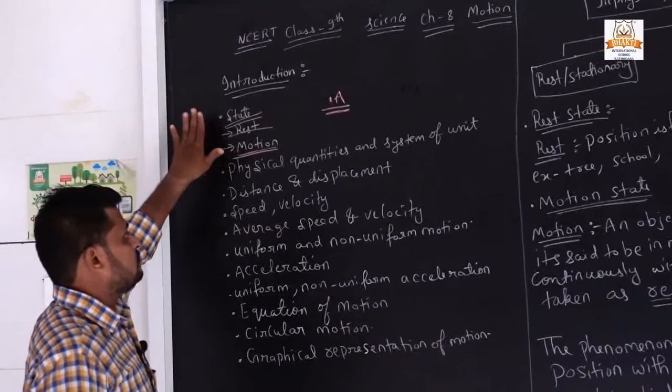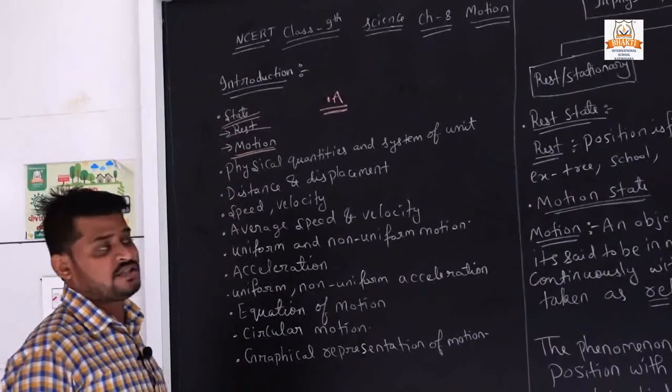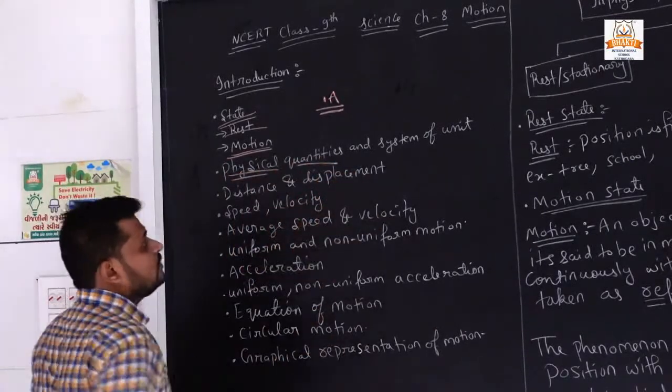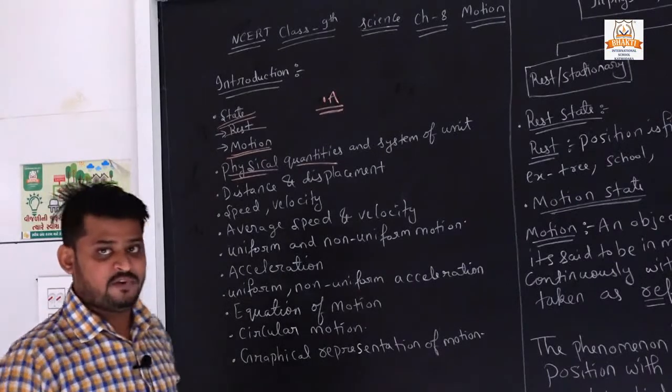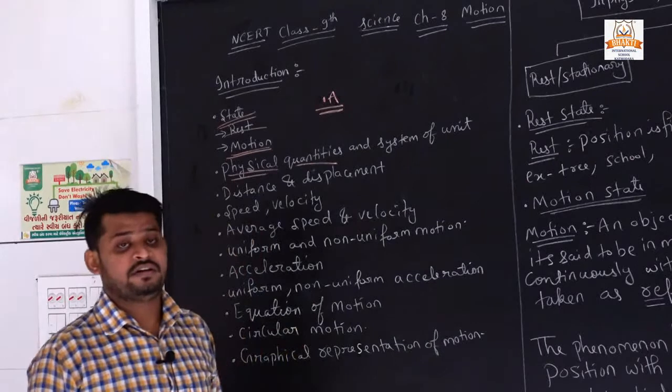Then after studying state, we study physical quantities and system of unit. Physical quantities are of two types: one is scalar quantity and one is vector quantity. What is scalar quantity?